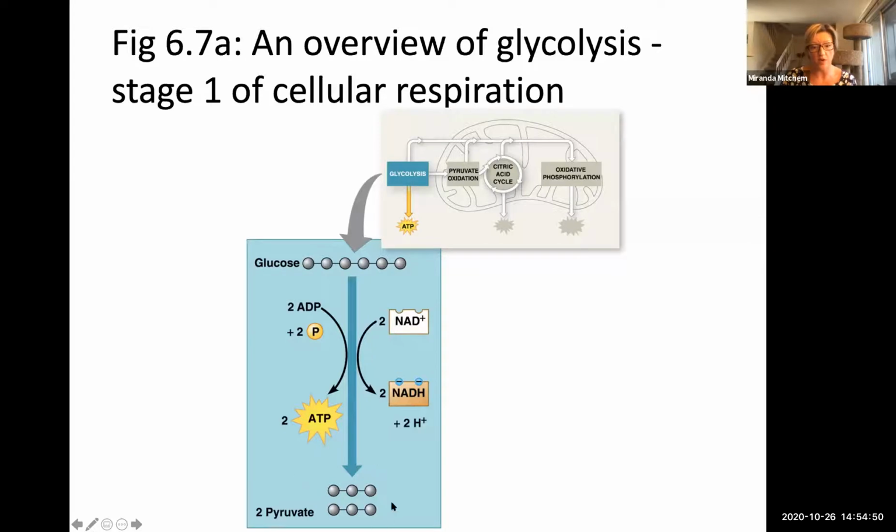So we do have our 6 carbons at the end, just like we started with. 2 molecules of adenine diphosphate are phosphorylated by substrate level phosphorylation to make a net production of 2 ATP. We do reduce 2 molecules of NAD plus into NADH during glycolysis. And then these electrons are going to be shuttled over into the citric acid cycle and over to the electron transport system.